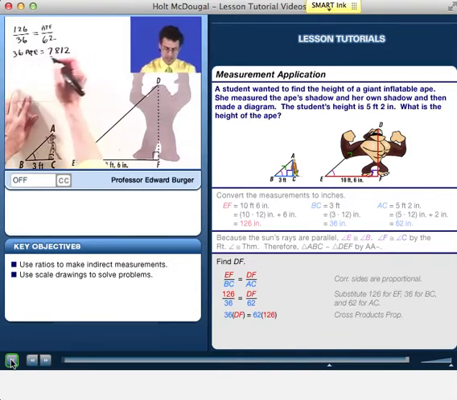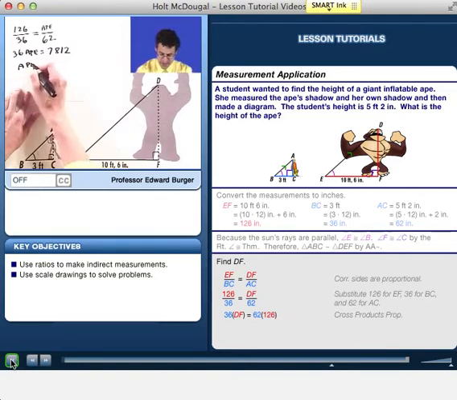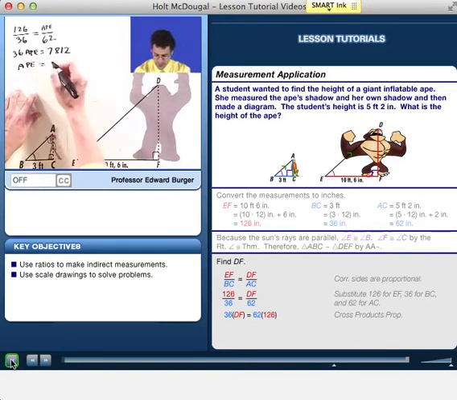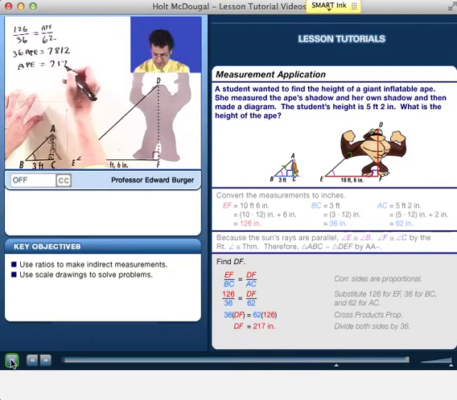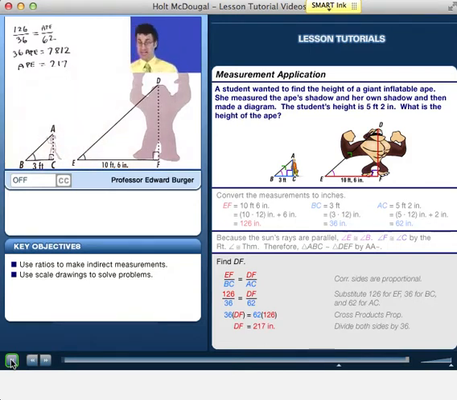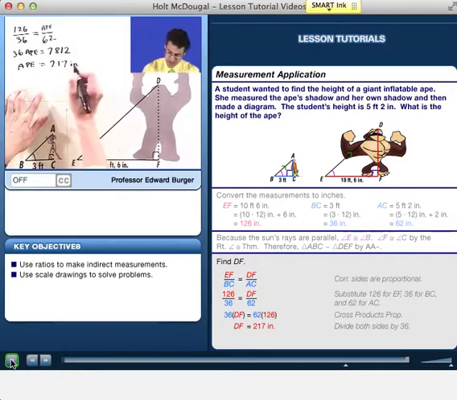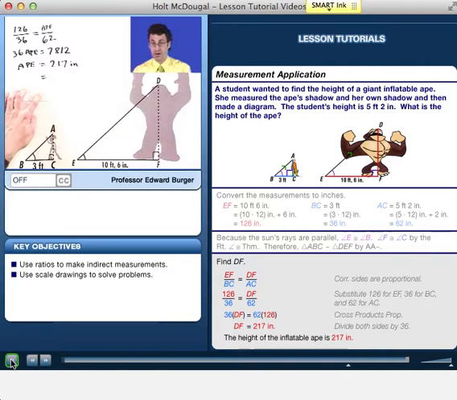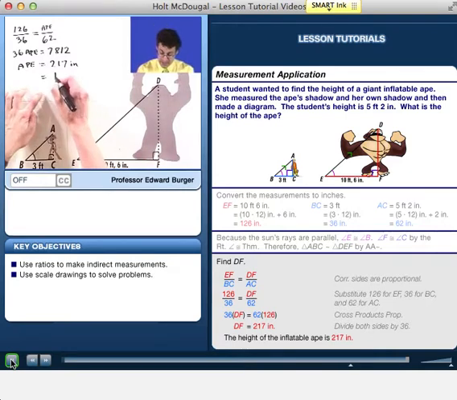If I divide both sides by 36, I see that the ape height is equal to 217. So 217 feet? No, remember our units, we converted everything to inches, so these are actually inches. So what happens? Well, if we now divide through by 12, I can see the answer of 18 feet.